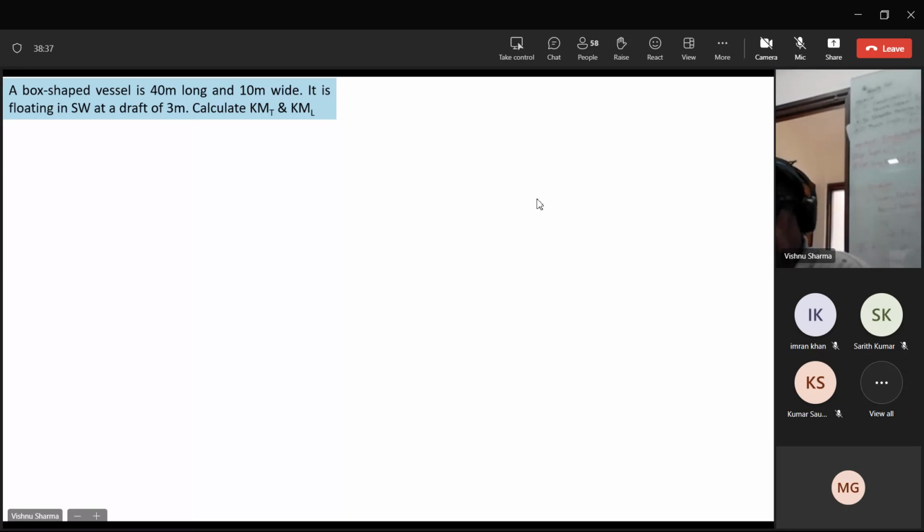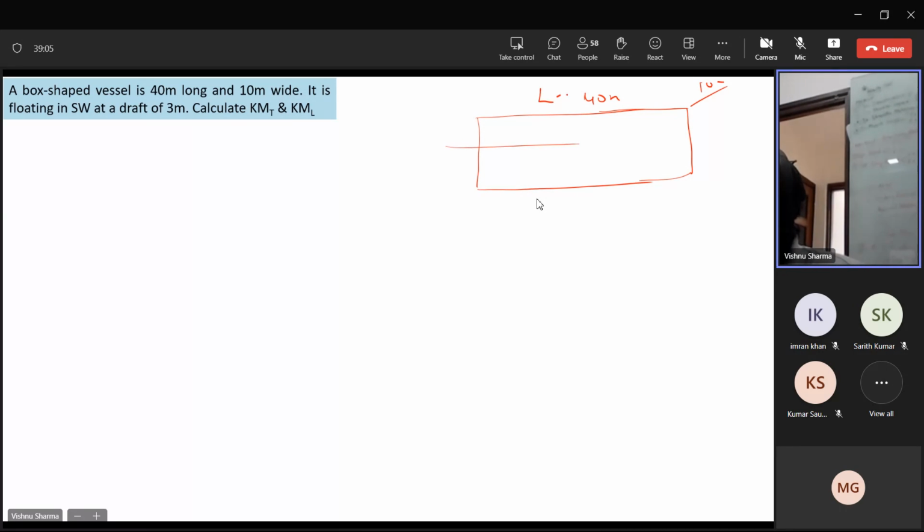Is the slide visible, guys? Can you confirm? Okay. A box-shaped vessel, 40 meter long and 10 meter wide, is floating in sea water at a draft D of 3 meters.